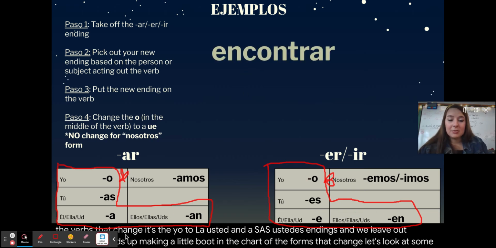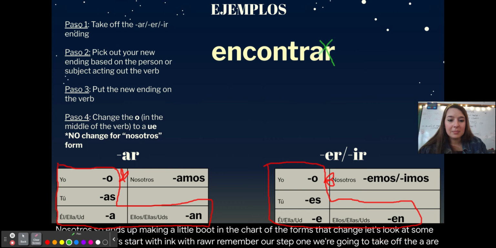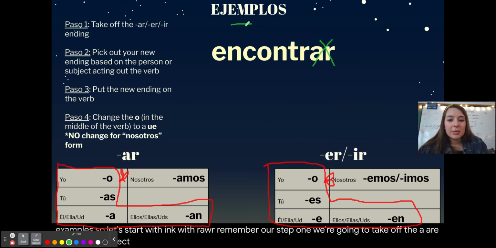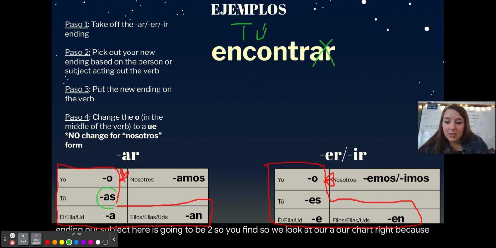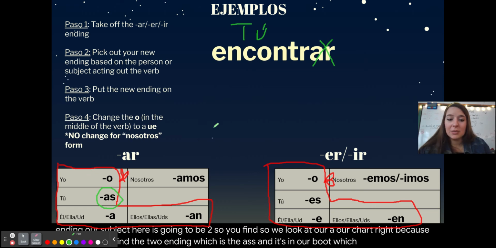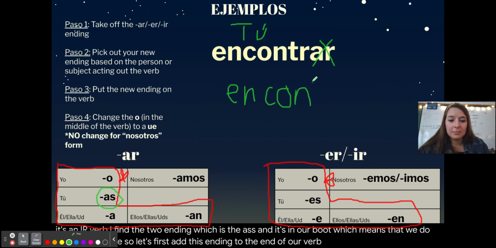Let's look at some examples. So let's start with encontrar. Remember our step 1, we're going to take off the AR ending. Our subject here is going to be tú, so you find. So we look at our AR chart, right? Because it's an AR verb, I find the tú ending, which is the as, and it's in our boot, which means that we do the stem change. So let's first add this ending to the end of our verb.